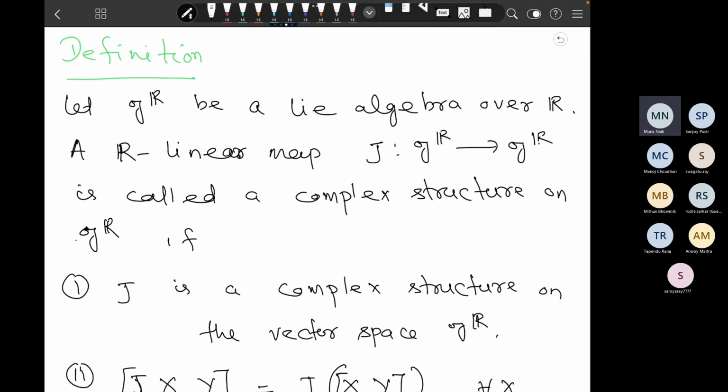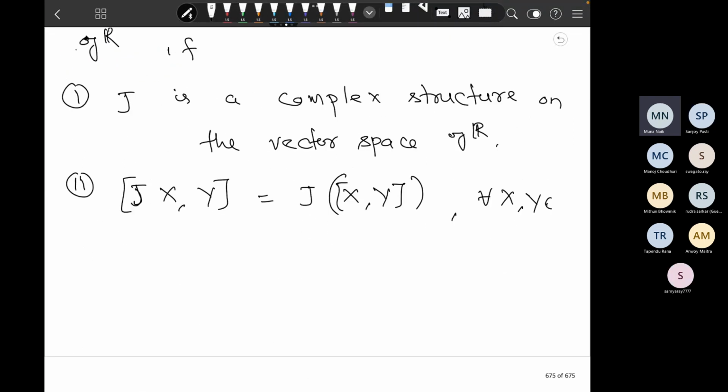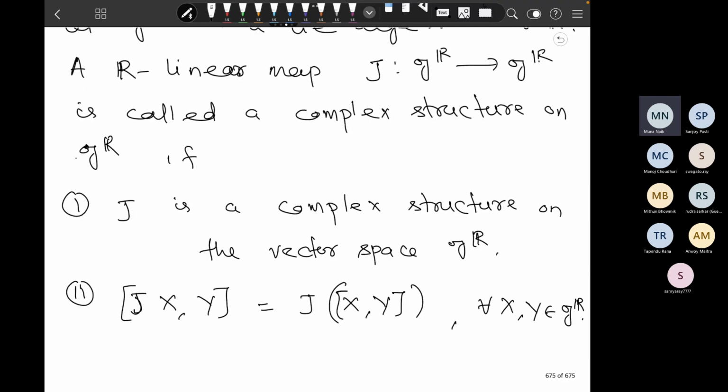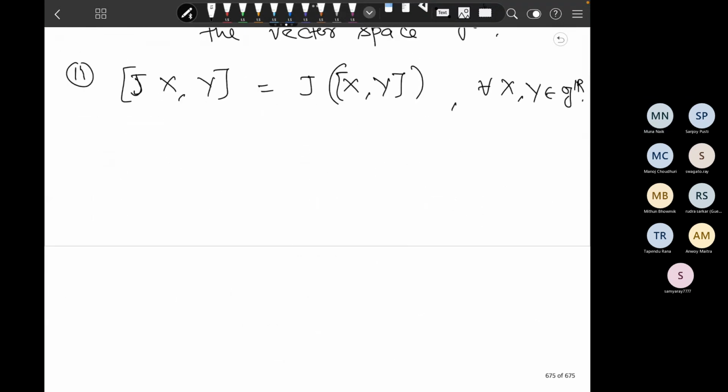This is capital J actually. So this is the same thing, but we are defining the complex structure in the Lie algebra setup.